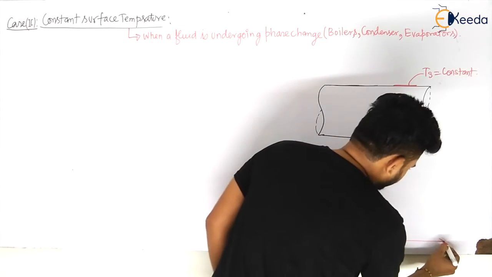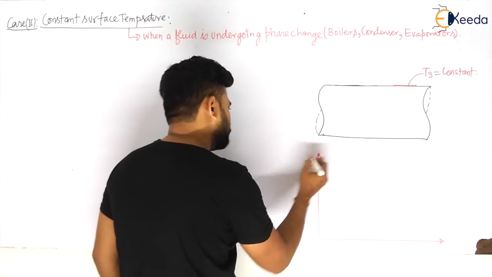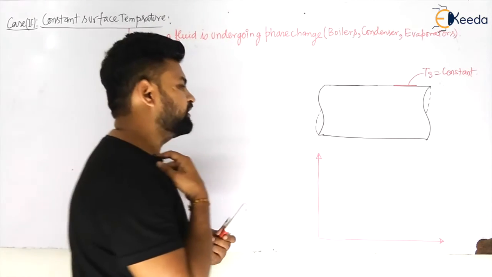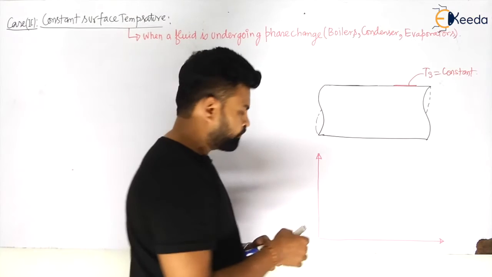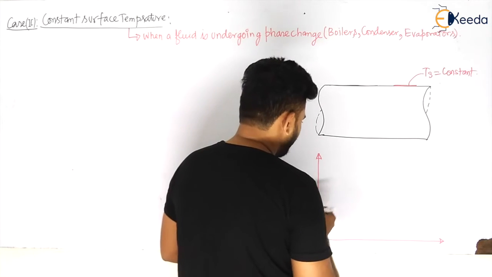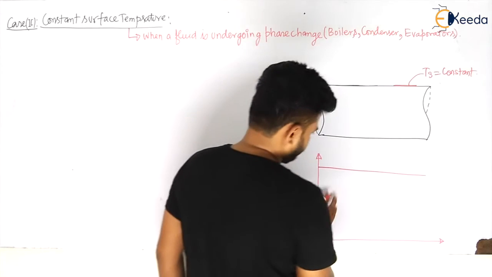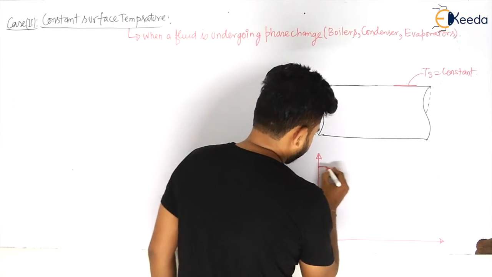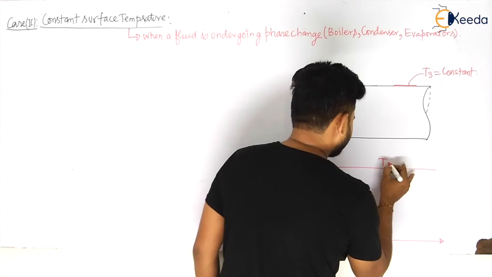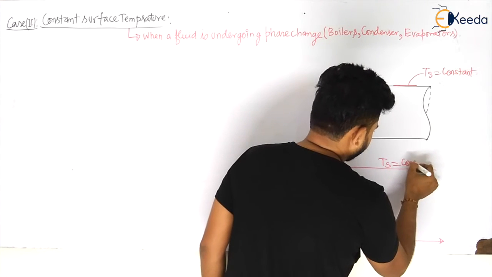In heat exchangers also we have seen this, but now we are doing the convection analysis, that is, how much heat will be transferred. The surface temperature is now constant, that is Ts equal to constant, my dear students.